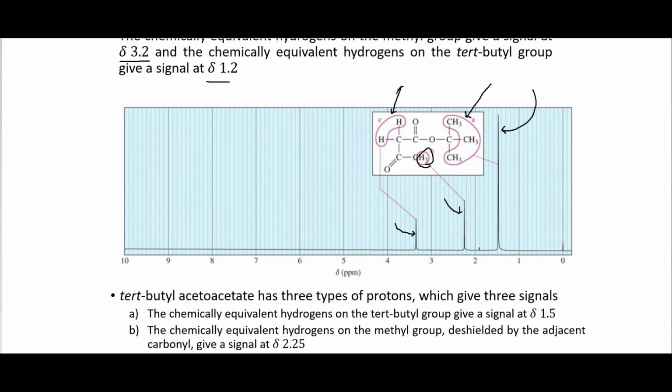We can see these 2 are going to show up the furthest left because they are next to this oxygen and this oxygen right here, where these 9 are actually 3 bonds away from this oxygen. Then these 3 right here are 3 bonds away from this oxygen, and so they will not show up quite as far to the left as these 2 right here.